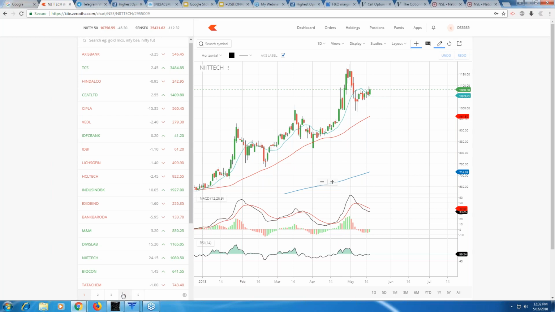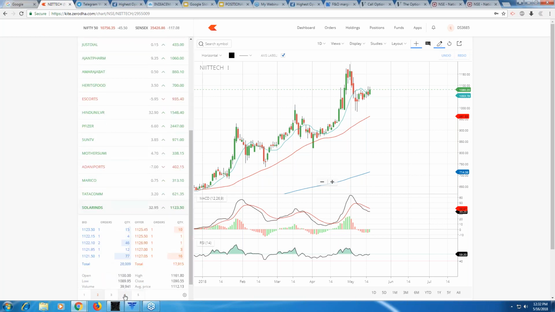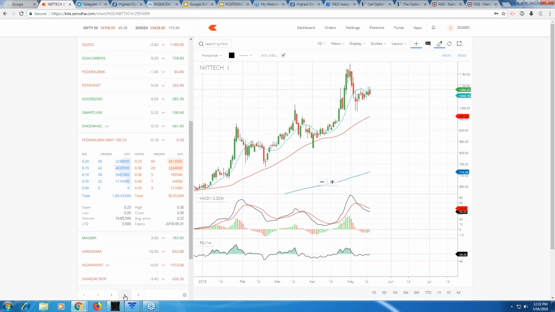Otherwise your entire premium will decay. This is something you have to remember, right? If you're buying options, the duration has to be very, very short. It cannot prolong at all. Otherwise, theta will make your money become zero by the end of the month, right? It'll just deplete and quickly become zero, right?